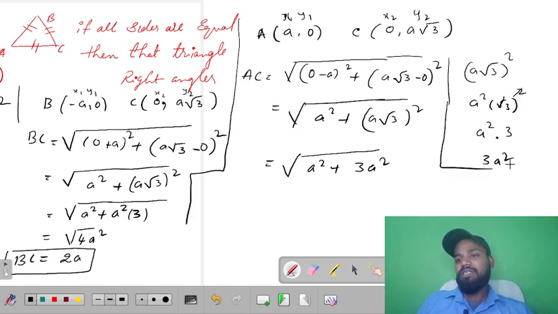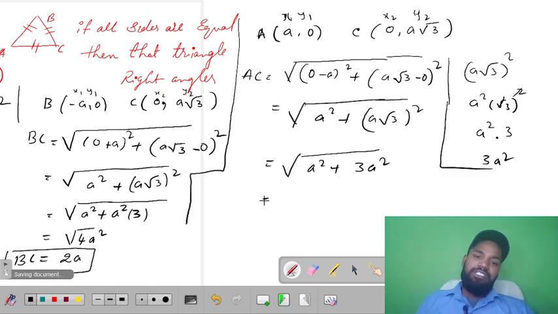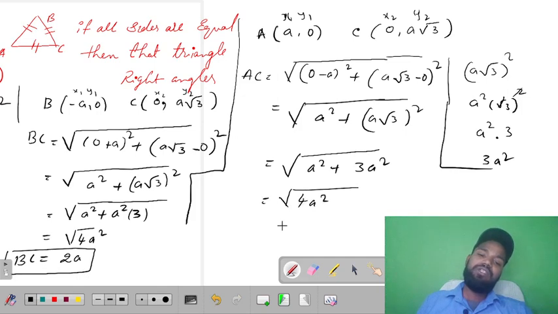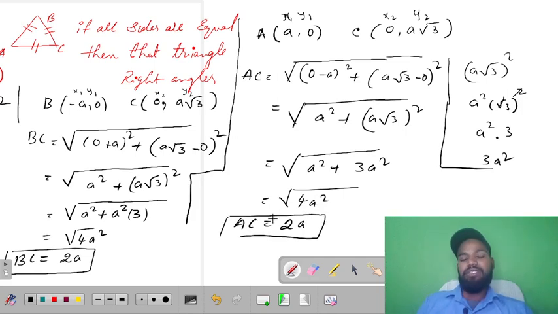So under root A square plus 3A square is nothing but 4A square, that equals 2A. So AC equals 2A. We found all three sides.